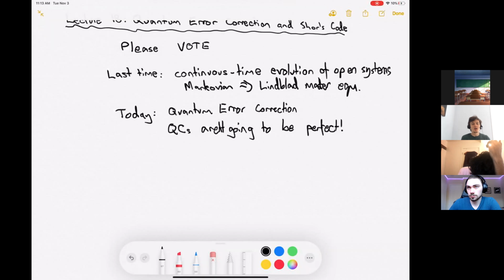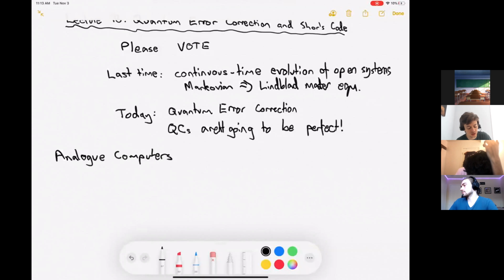Okay. So just to give you a quick comparison, back in the 1950s or so, what are called analog computers were a big thing. Not like digital computers today, but they were a thing that people used. Basically, analog computers store data and manipulate continuous variables.